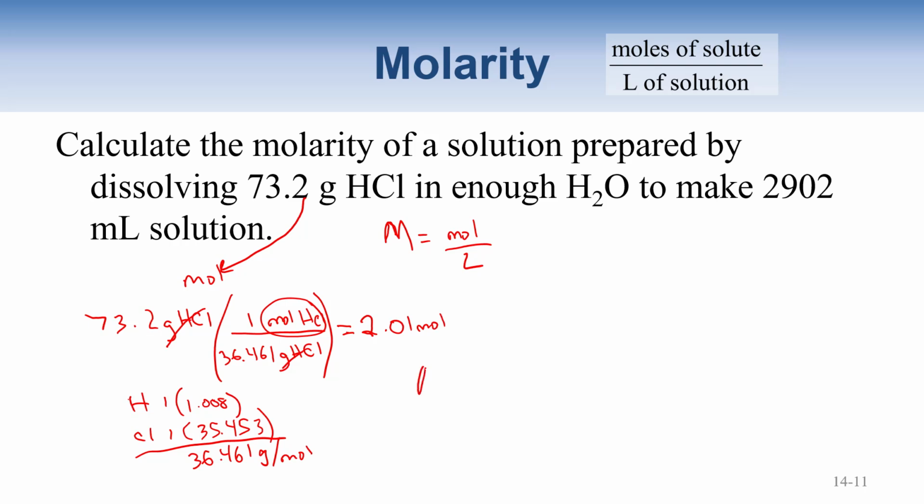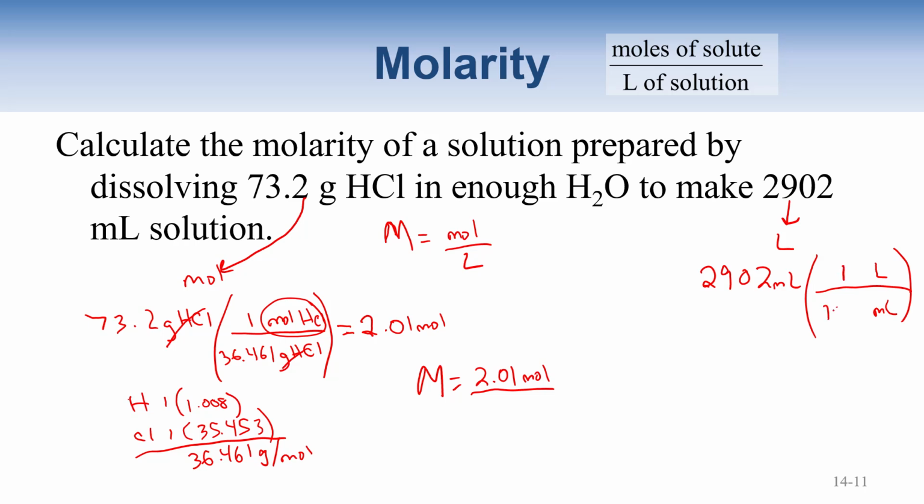So now we have the big M equals 2.01 moles, and we're going to divide away the liters. Now we have to convert this one to liters because it's currently in milliliters. 2,902 mLs. mLs goes on the bottom, and liters goes on the top. So 1 liter is 1,000 mLs.